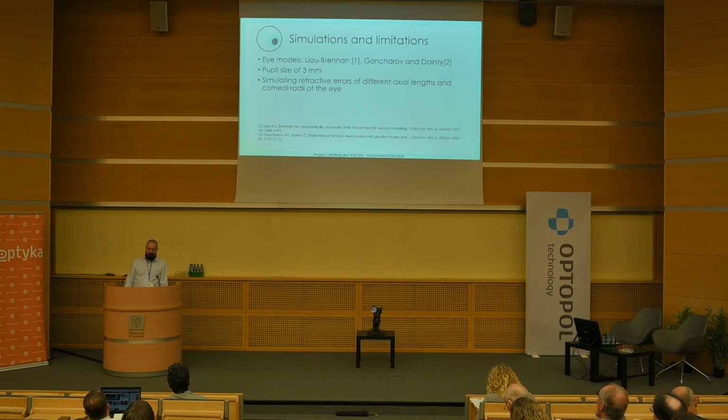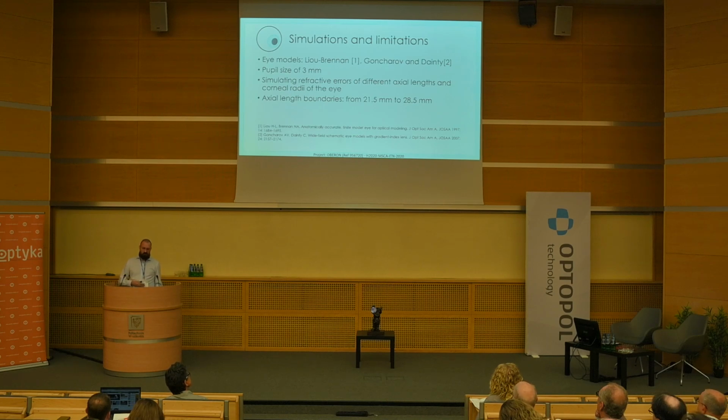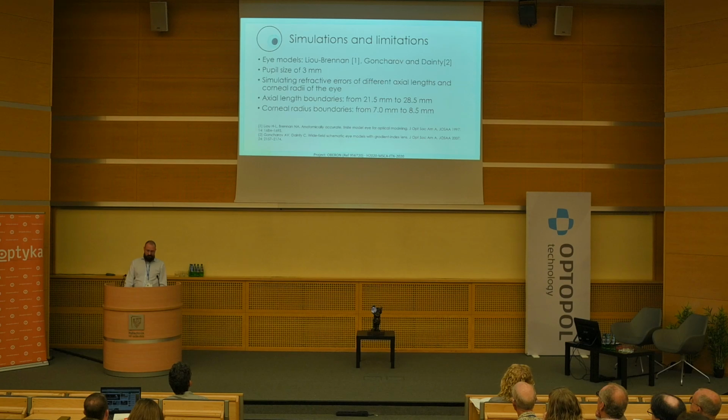I simulated different refractive errors based on the axial length and the corneal radius, point by point, for the axial length from 21.5 to 28.5, and the corneal radius from 7 mm to 8.5, for the monochromatic light.